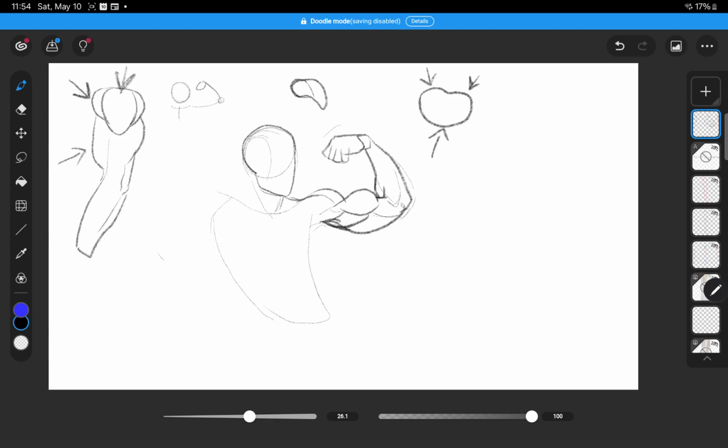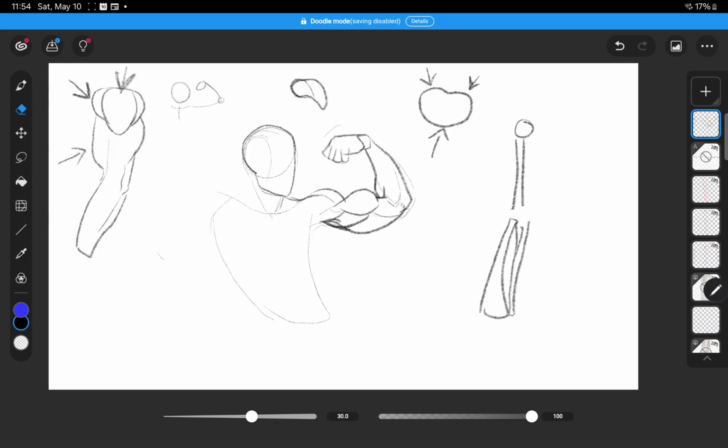So, a thing that I like to do when drawing the arms that I actually only recently started doing is imagining how the axis of this bone is. So usually, I actually should have drawn it there.